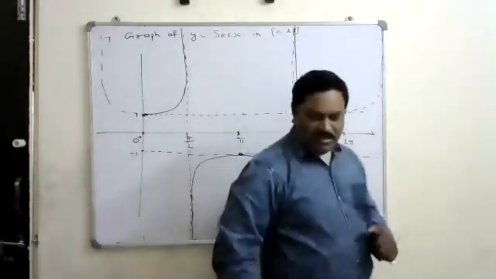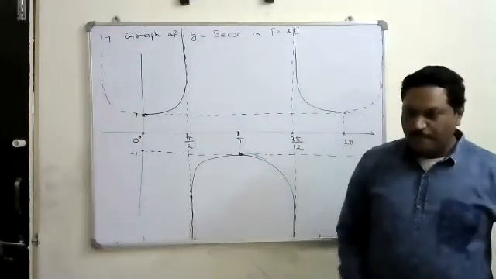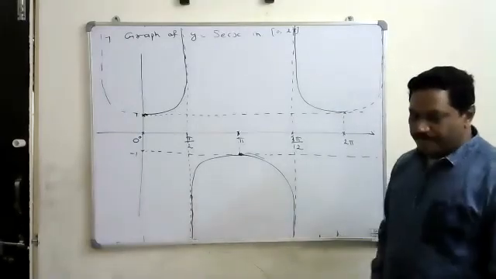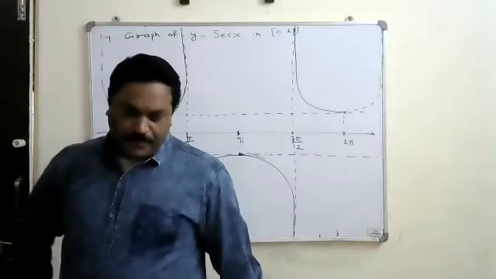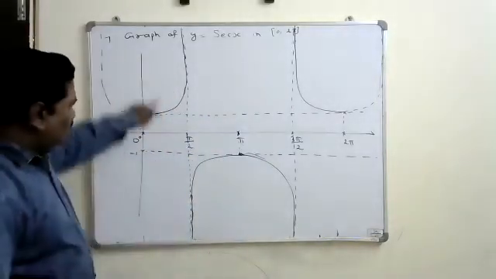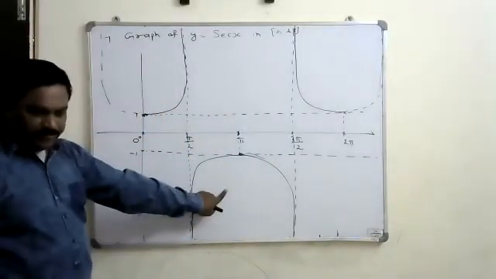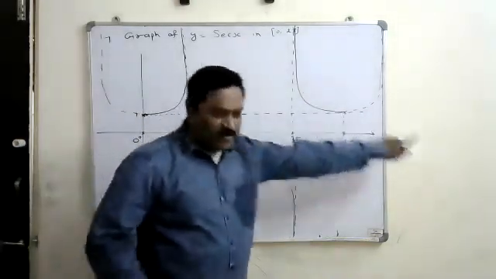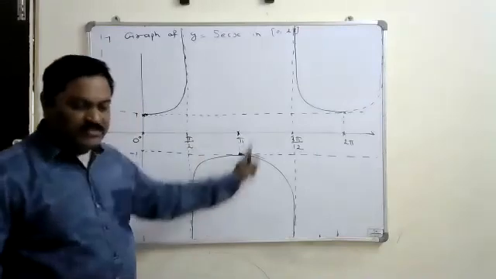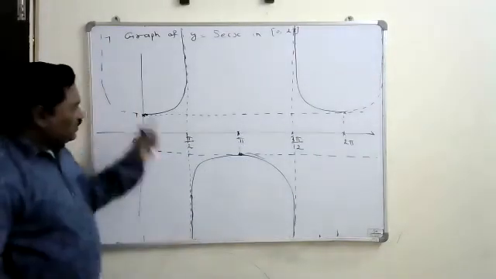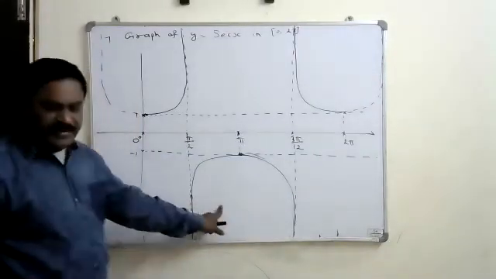So if you observe that, is it a continuous curve? No. Is it periodic? Yes, because there is one upward curve, one downward curve. Again upward, downward. Like that, the same curve is going to be repeated. So this is towards the positive side and this is towards the negative side.